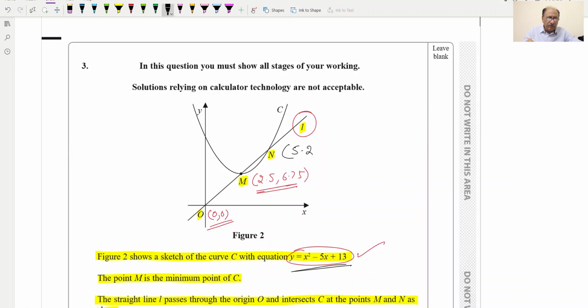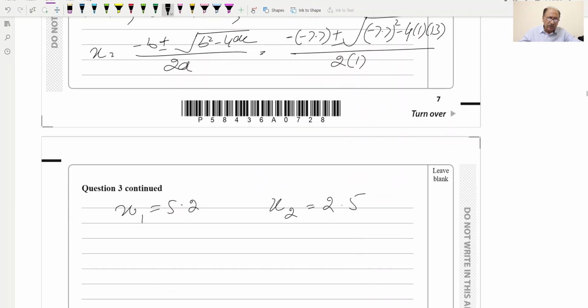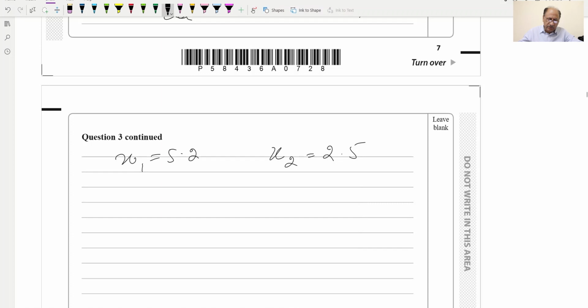The y value we can find by replacing in the equation of line or the curve equation.